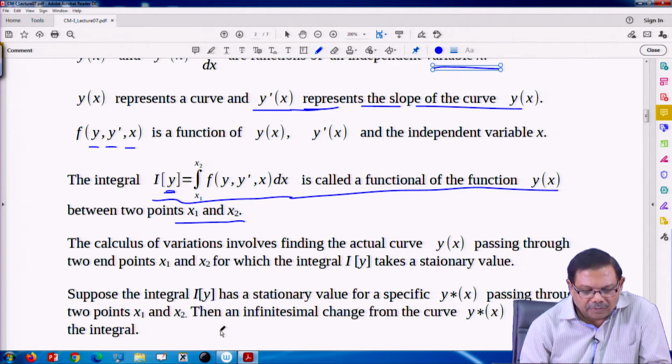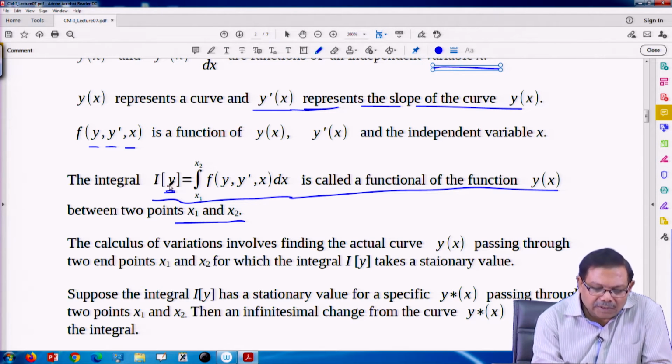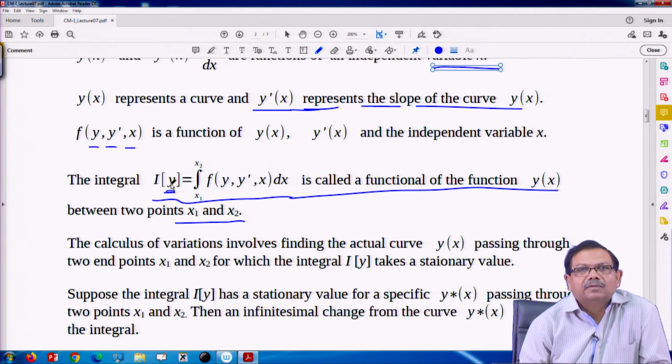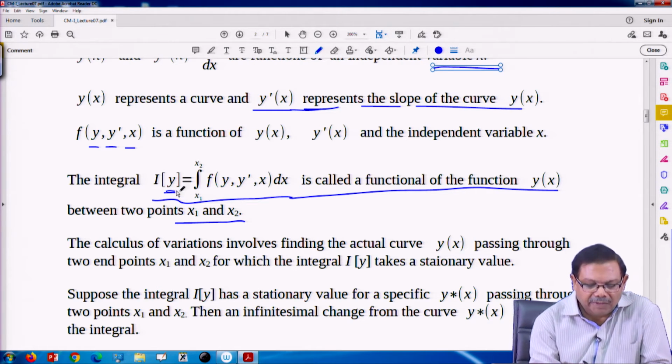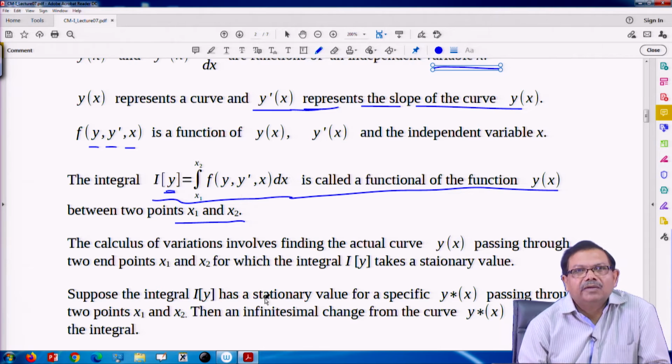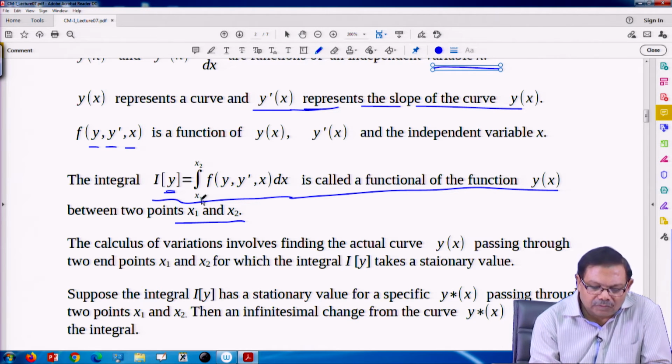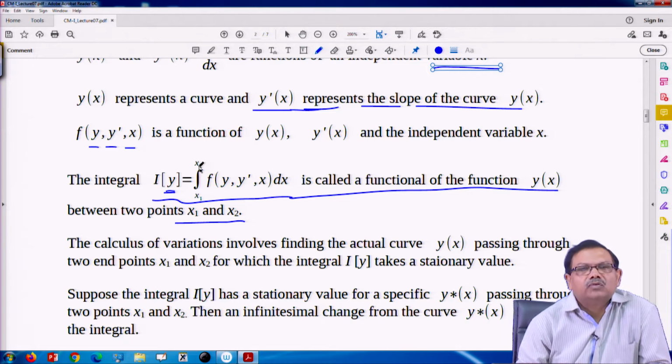We want to find out what specific curve will make this integral take a stationary value, and the curve should pass through x 1 and x 2.